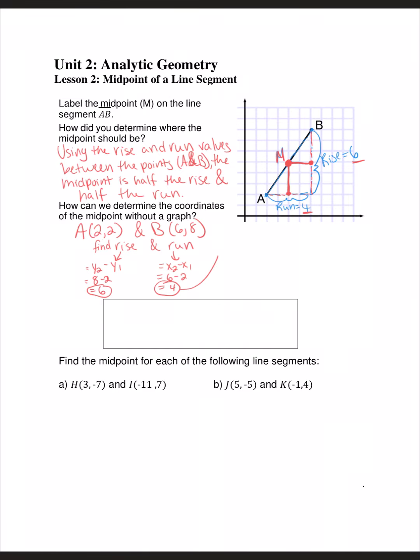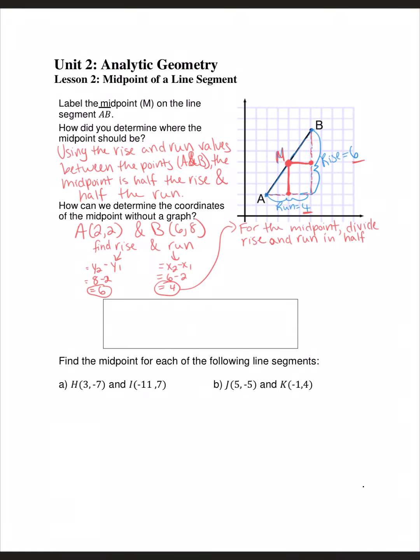So for the midpoint, we're going to divide our rise and our run in half.